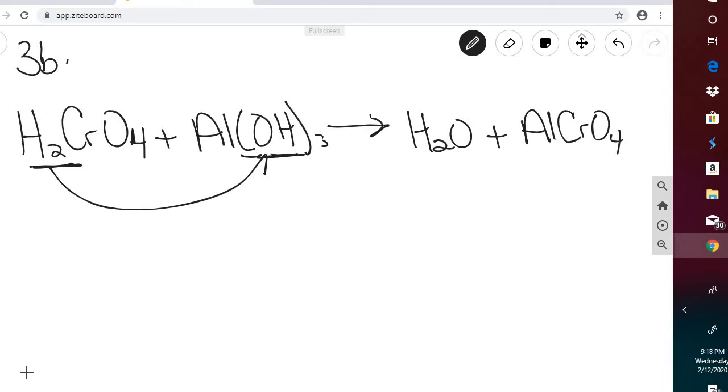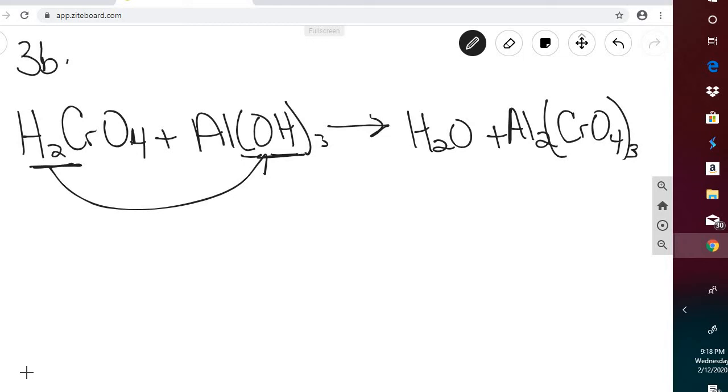So the aluminum has a charge of 3. And this has a charge of -2. Okay, so we're going to have to switch those charges. So the 2 comes over to be with the aluminum. So aluminum is 2 and the chromate is 3. Again, that's one that is not on your list, so I wouldn't expect you to know that, and it won't be on the test, but so that you can see how this is done.